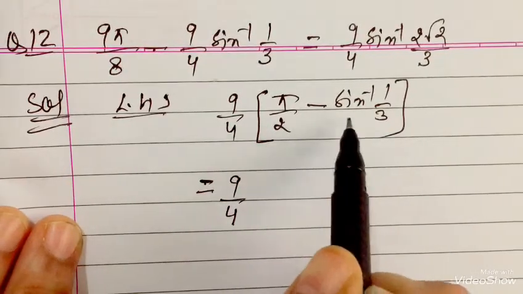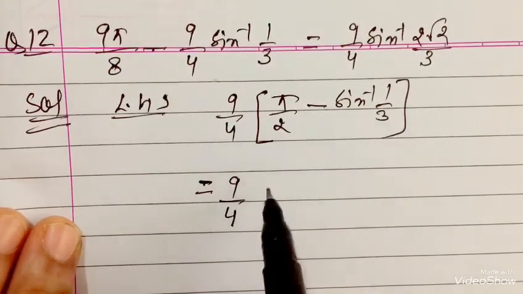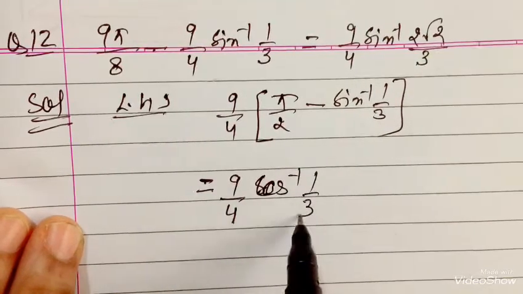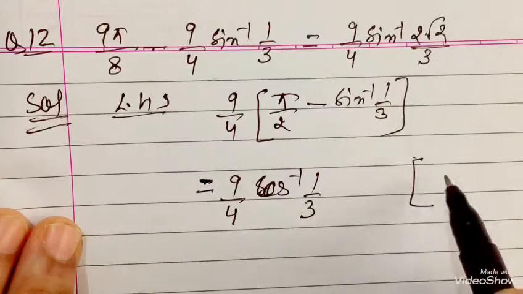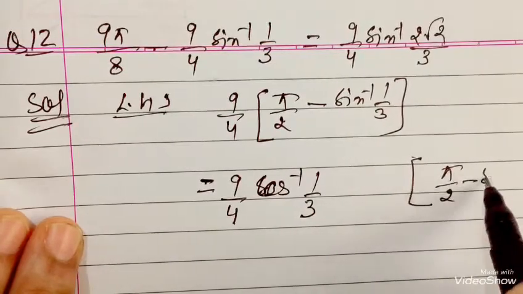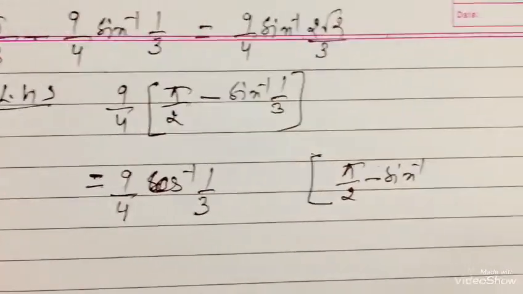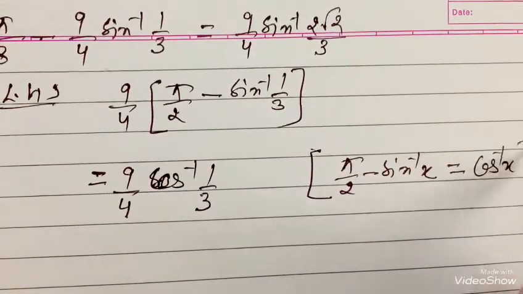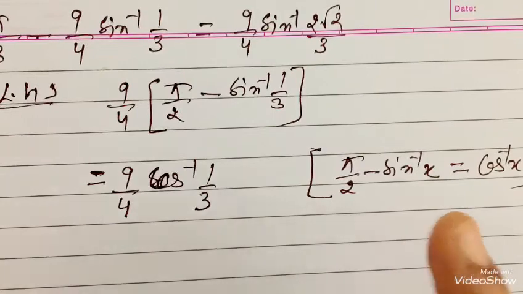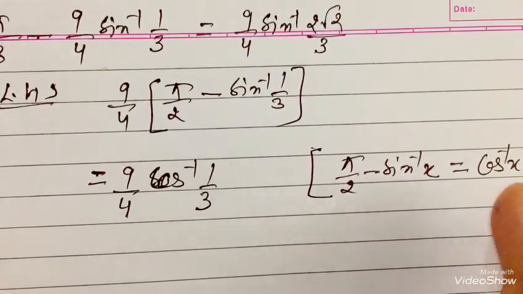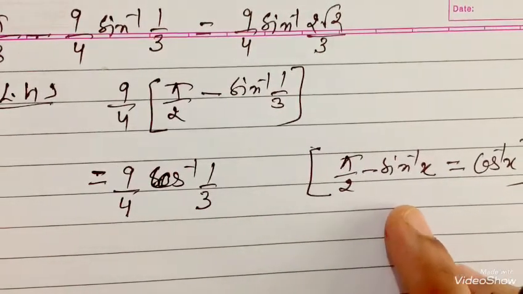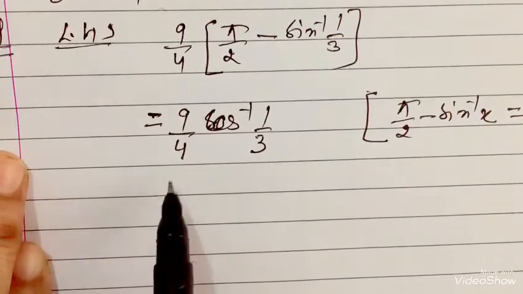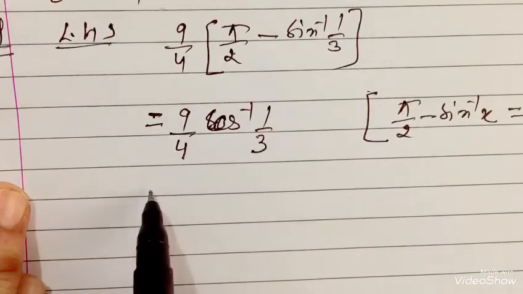Pi by 2 minus sin inverse x becomes cos inverse, so cos inverse 1 by 3. It is one property: sin inverse x plus cos inverse x is equal to pi by 2. That's why pi by 2 minus sin inverse x is equal to cos inverse x. So it is 9 by 4 cos inverse 1 by 3, students.